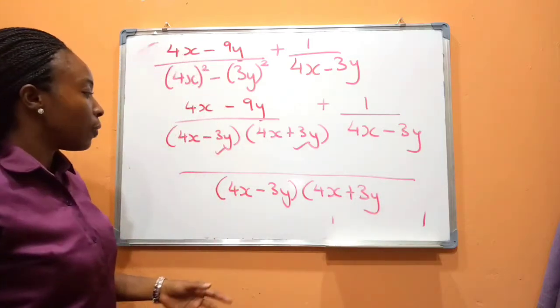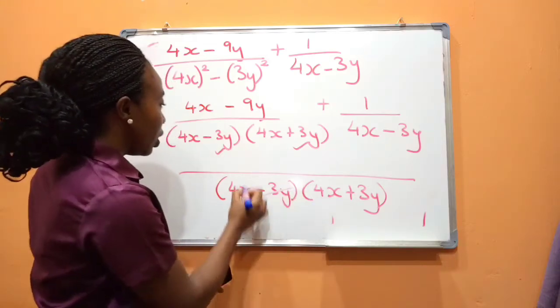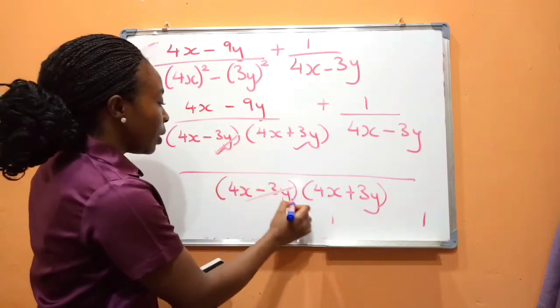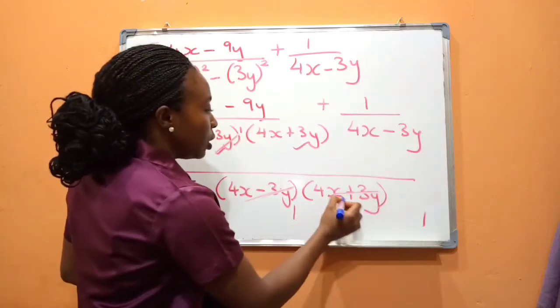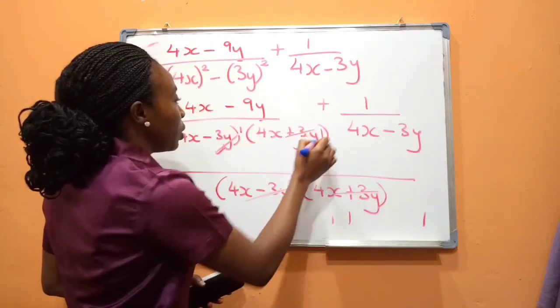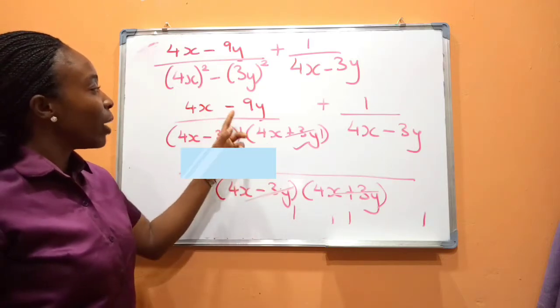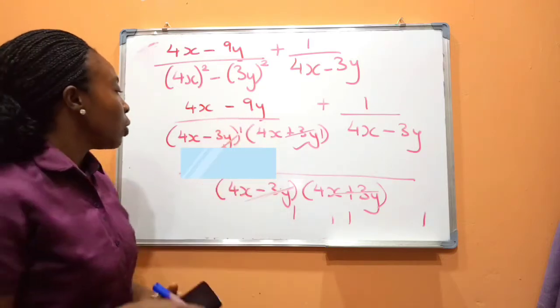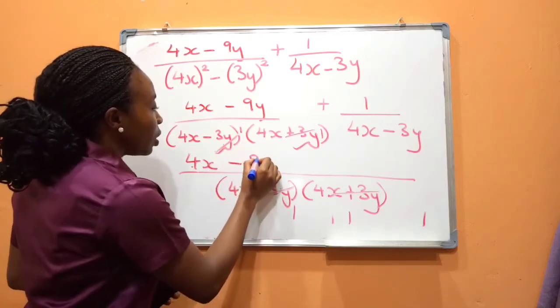So we're going to have this cancels this; divided by this, we have 1; divided by this, we have 1. So we are left with 1. 1 times 4x minus 9y, we have 4x minus 9y.